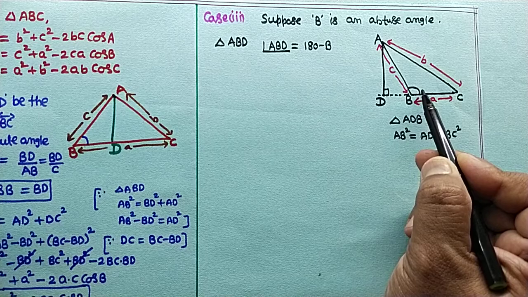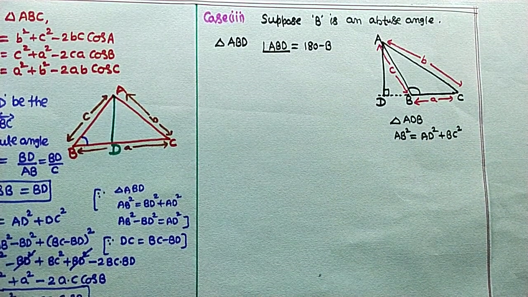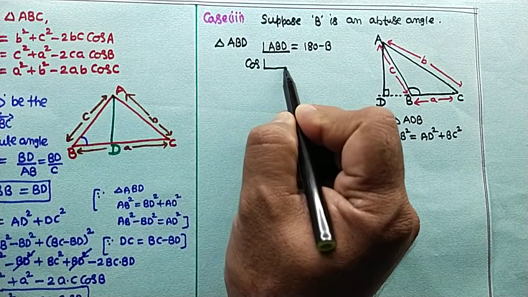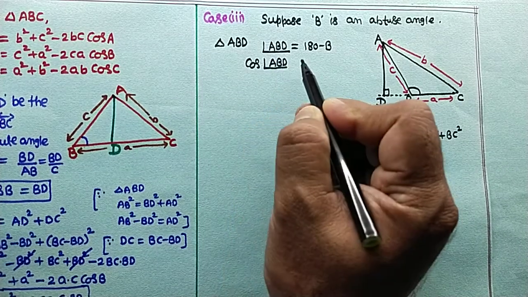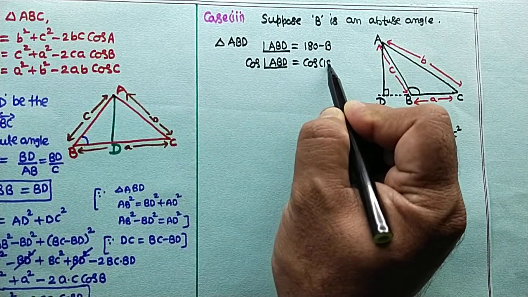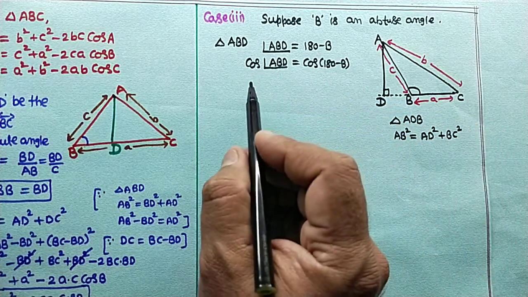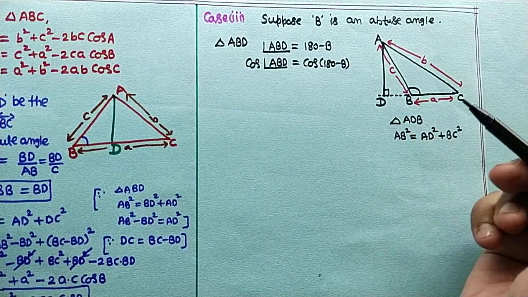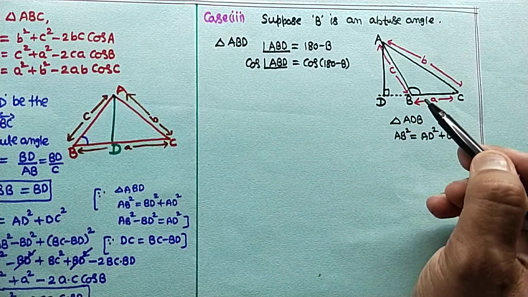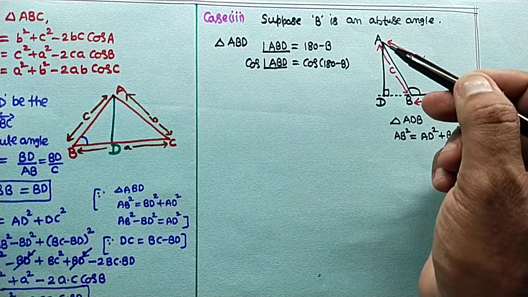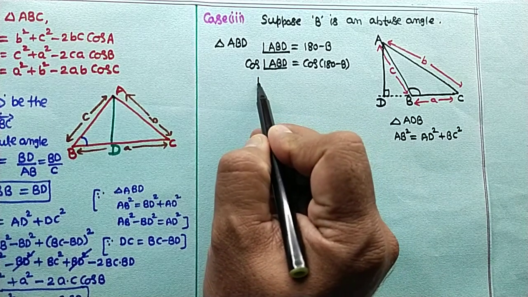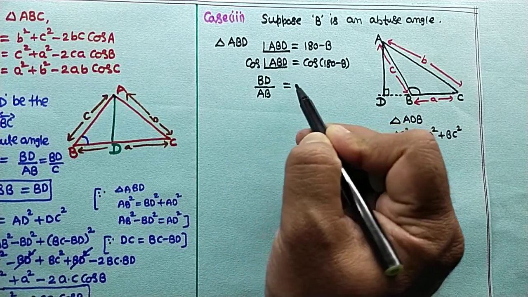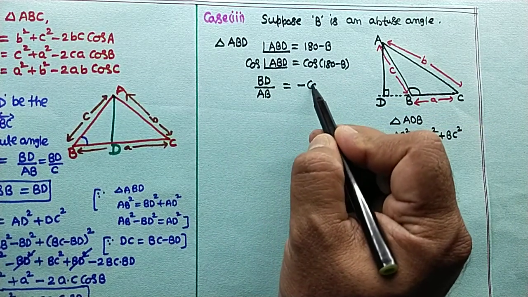From that, we subtract B, so 180 minus B. Taking cos on both sides, cos of angle ABD is equal to cos of 180 minus B. From right angle triangle ADB, cos of angle ABD means adjacent side by hypotenuse. So from the figure, it is equal to BD divided by AB, which is equal to cos of 180 minus theta, that is minus cos theta. So minus cos B.